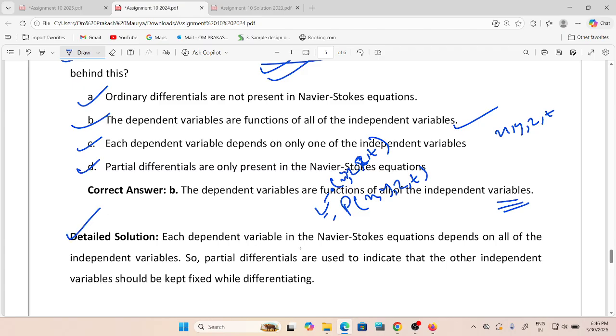Each dependent variable in the Navier-Stokes equation depends on all of the independent variables. Partial differentials are used to indicate that the other independent variables should be kept fixed while differentiating. This is how we differentiate the partial differential equation. This is not a big thing.